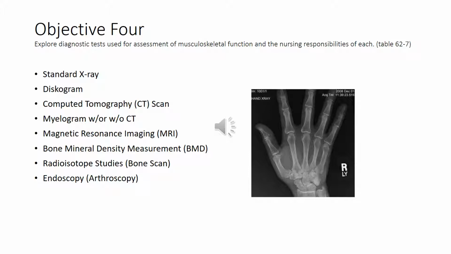A biopsy may be taken of the synovium or even the cartilage. Torn tissue can be repaired through this surgery, and this is helpful because it eliminates the need for a larger incision, which decreases recovery time when you don't have that large open procedure.